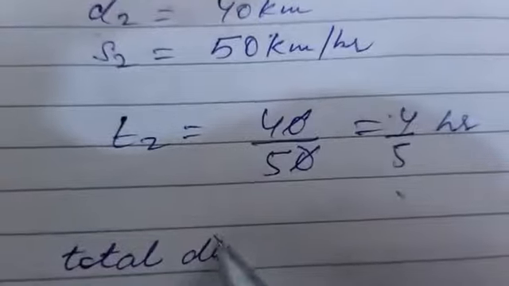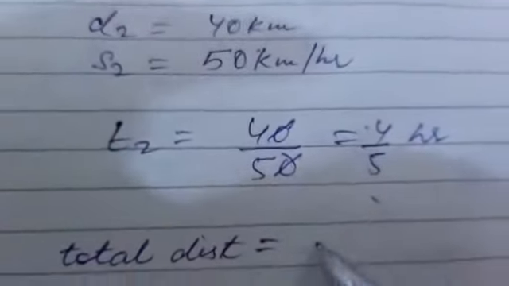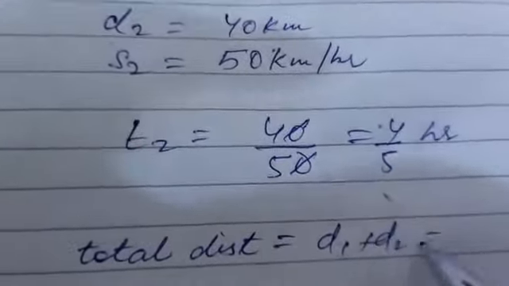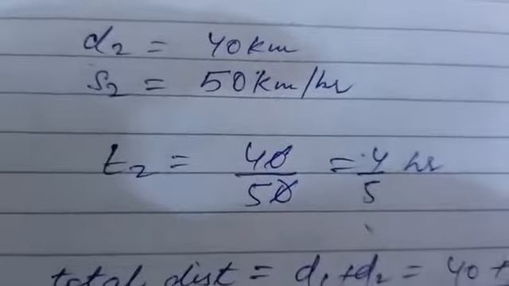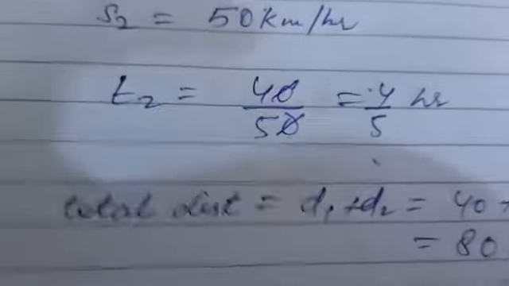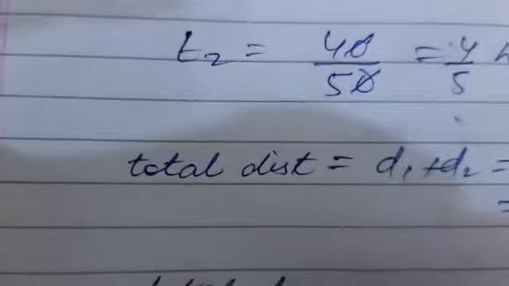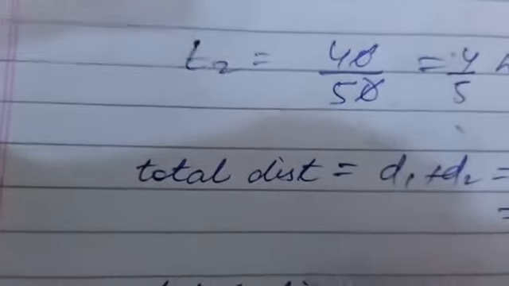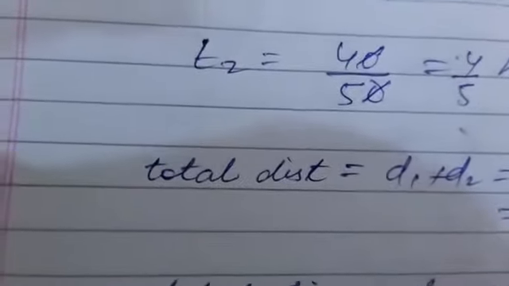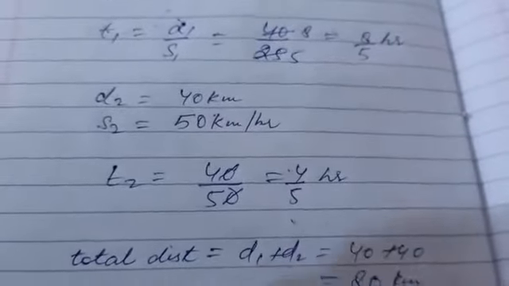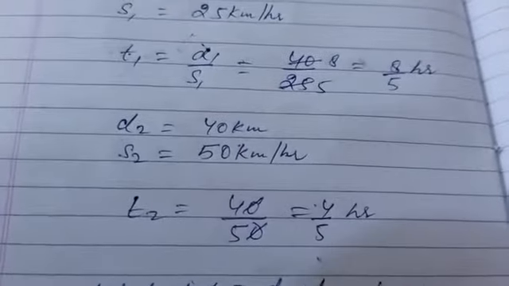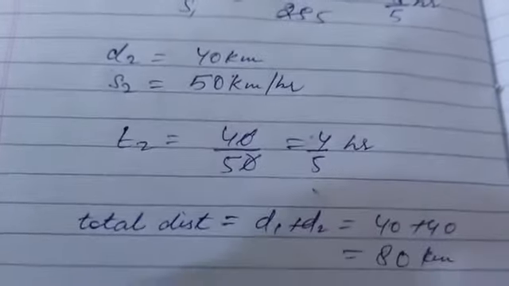Now since we have to find the average speed, so what we'll do, we'll first calculate total distance. तो कितना हो जाएगा? फर्स्ट, that means d1 plus d2 हो जाएगा. फर्स्ट केस में कितना था भाई? It was 40. सेकेंड केस में 40, that means it becomes 80 kilometer. Now what we'll do, we'll calculate the total time. So it will be t1 plus t2. So t1 कितना था? अभी कैलकुलेट करके निकाला है. t1 was 8 by 5 hours और t2 है 4 by 5.